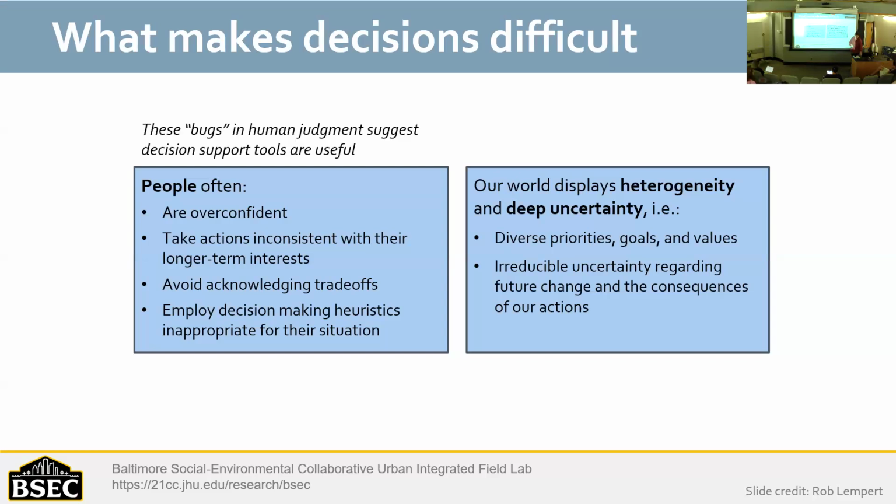So what these things mean is that we have to use some sort of decision support tool or analysis that helps us overcome these limitations that we have as humans. But at the same time, traditional approaches that work for simple problems will fail for complex real world problems.